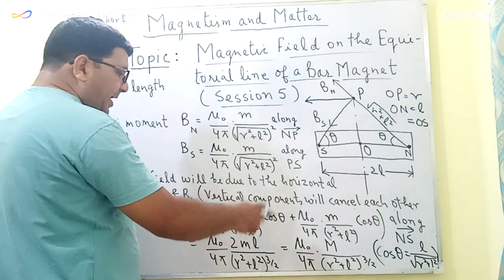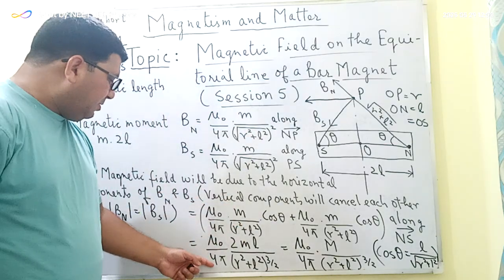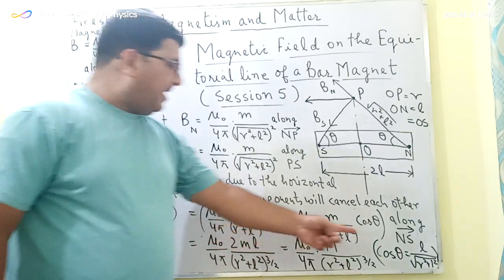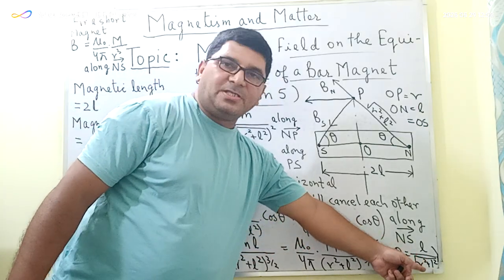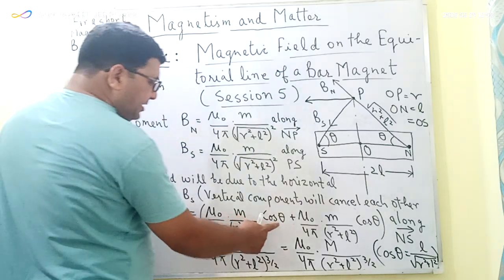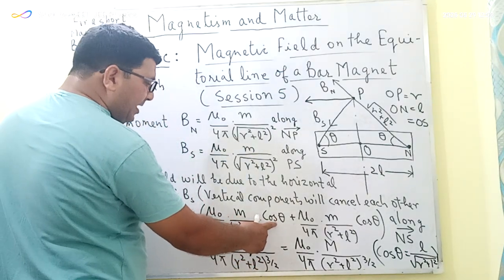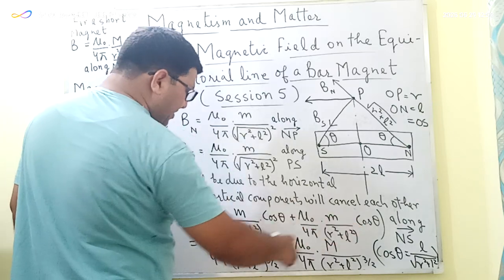Now if I add both these two, and substitute the value of cos theta, which is L divided by under root R square plus L square, I will finally get this value.